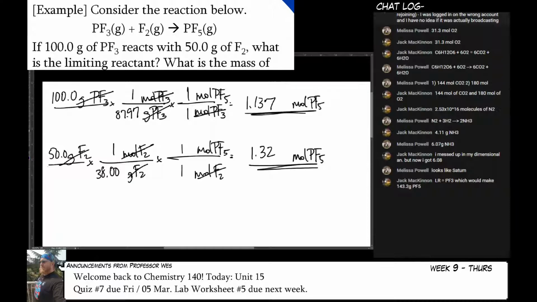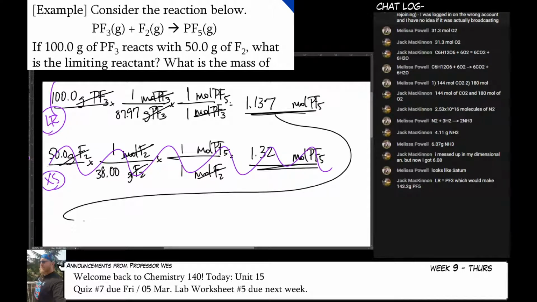Who's the limiting reactant? F2 is. This one's in excess. We don't use the excess one. So then we'll just take this number and we'll make grams out of it.